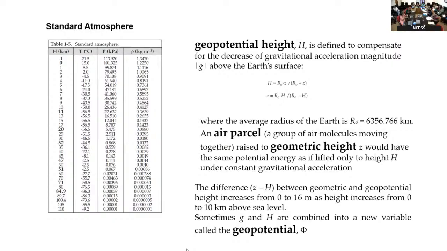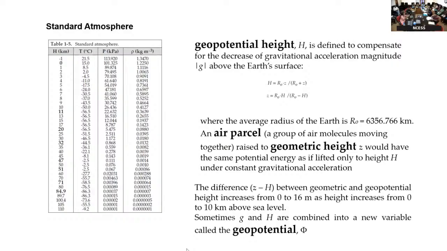That is, if we take it against gravity and it reaches a certain height, we consider the variation in gravity. The same energy it would gain at some other height with constant gravity is called the geopotential height. We are giving an approximation.